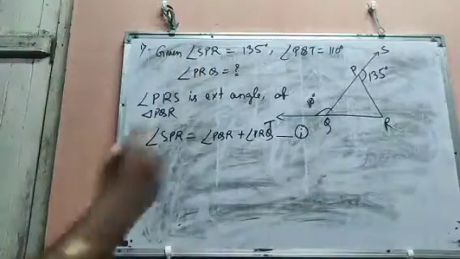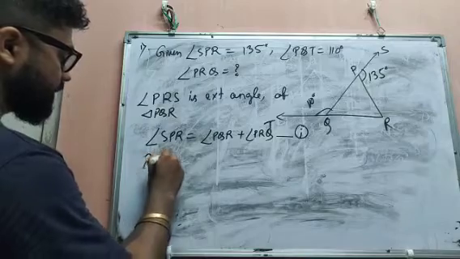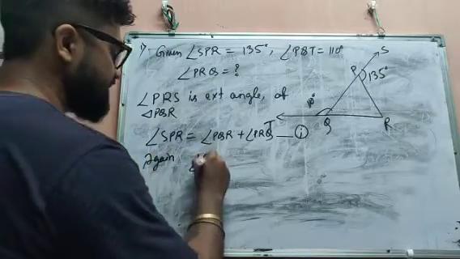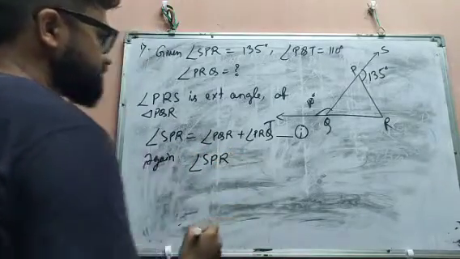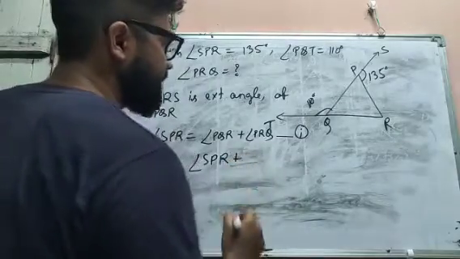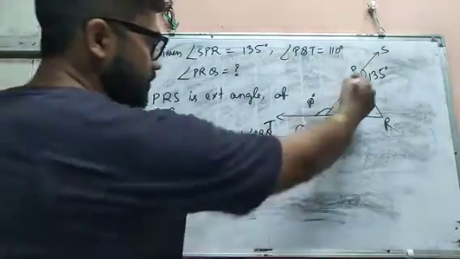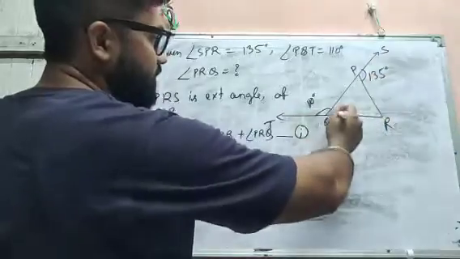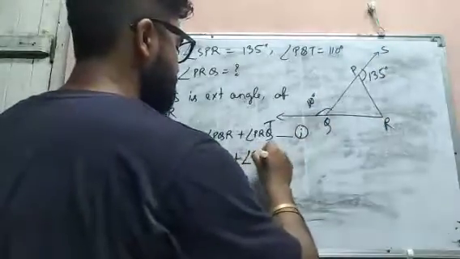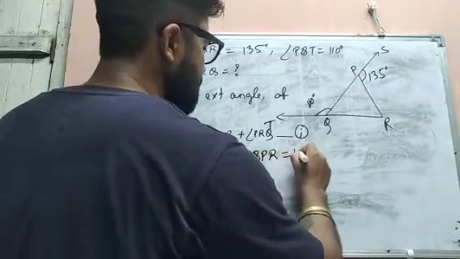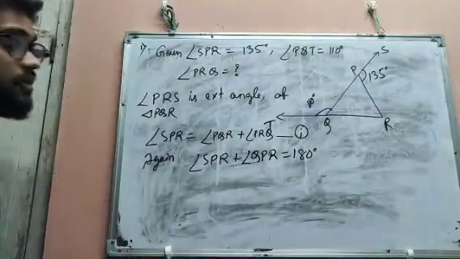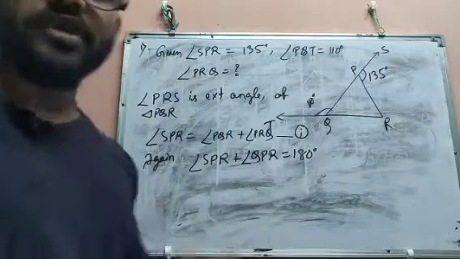Okay, now again we can say angle SPR plus angle QPR equal to 180 degree. These two are 180 degree because they are forming a linear pair.